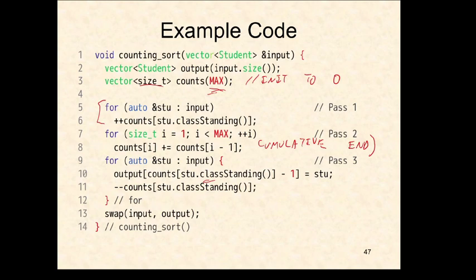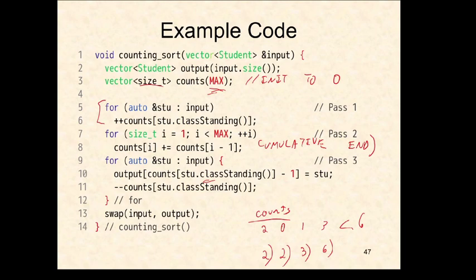So if my counts started out like 2, 0, 1, 3, then I would change that count to be, well, you still end at 2, you end at index 2 also because there are no sophomores, you end at index 3, and you end at index 6. Because there were 6 students to begin with, the last group must end at index 6 exclusive. So we figure out the cumulative endpoint for each region.